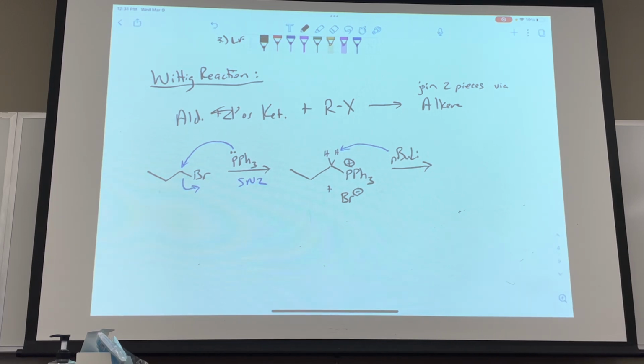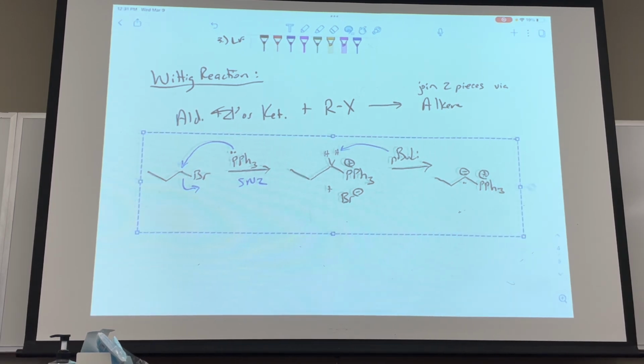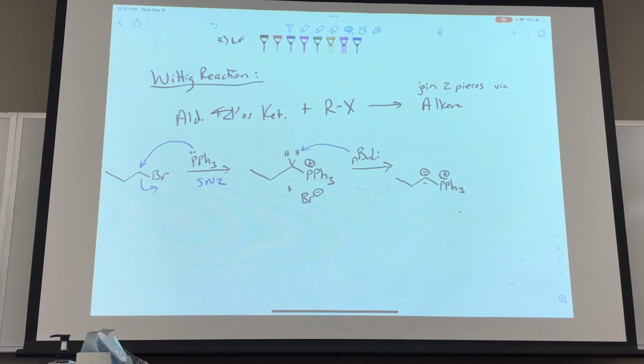And that's going to result in something like that. And this has another resonance form that I can draw. The other resonance form being this one.